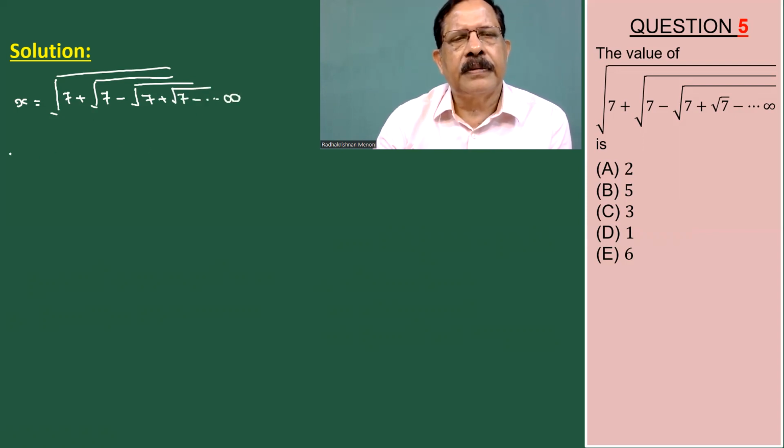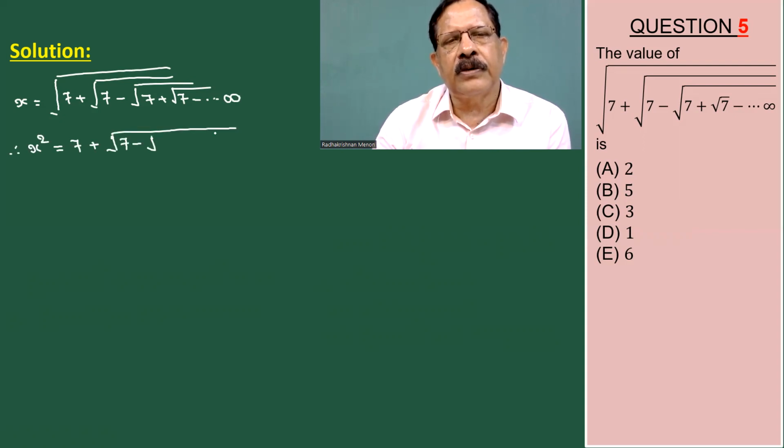We square it. Therefore, x squared is equal to what? 7 plus square root of 7 minus square root of 7 plus square root of 7 minus, etc.